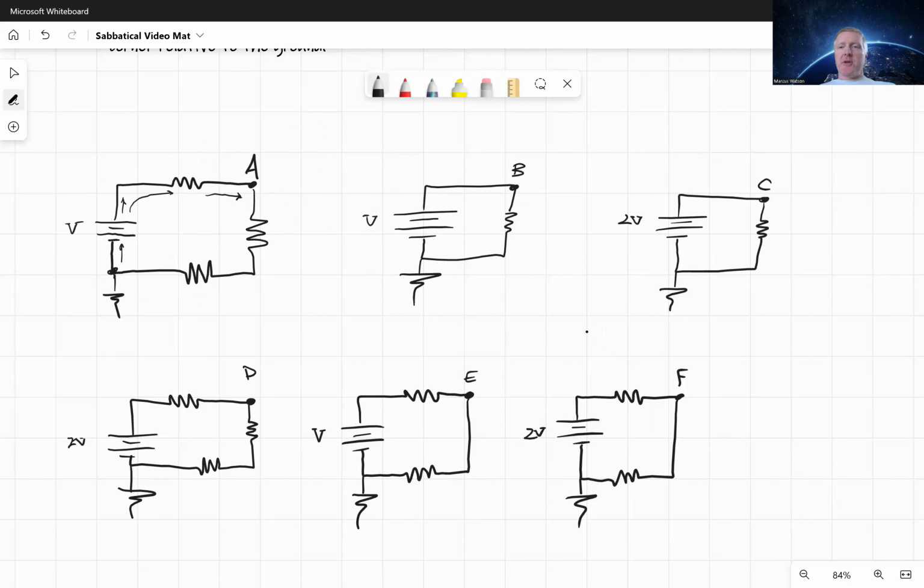Now, in this first circuit at point A, like we've discussed, some of the energy in the system will be lost. That corresponds to a voltage drop. The voltage is the energy contained or possessed by each charge. So if I'm one charge and I'm moving around, I had energy V coming out of the battery, and then I've lost some of it going through the first resistor.